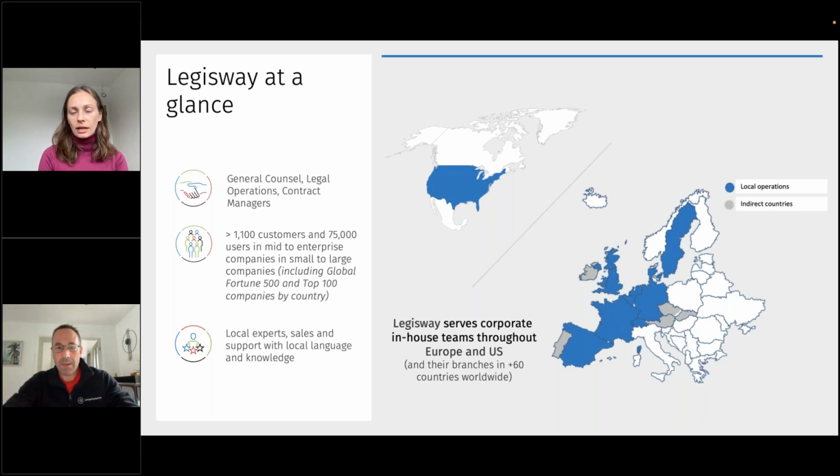Legisway is a contract lifecycle management platform that allows users to handle various processes from the beginning, from blank page to signed agreements, and storing and searching through a database of different contracts. So if you have never experienced working with a CLM or any AI for contract review, please reach out to us at the end of the show.